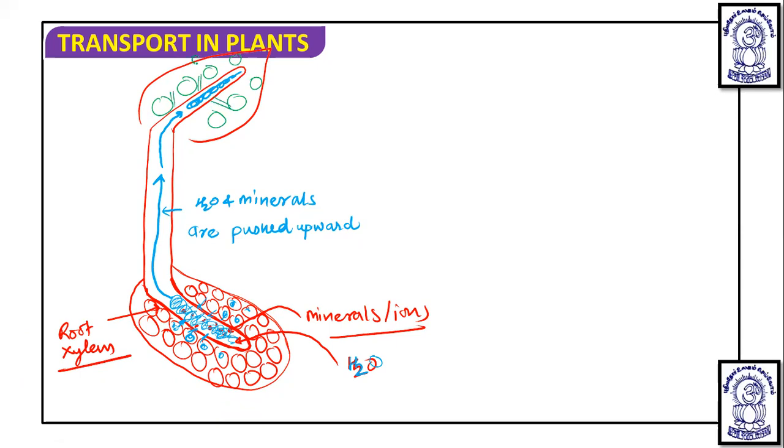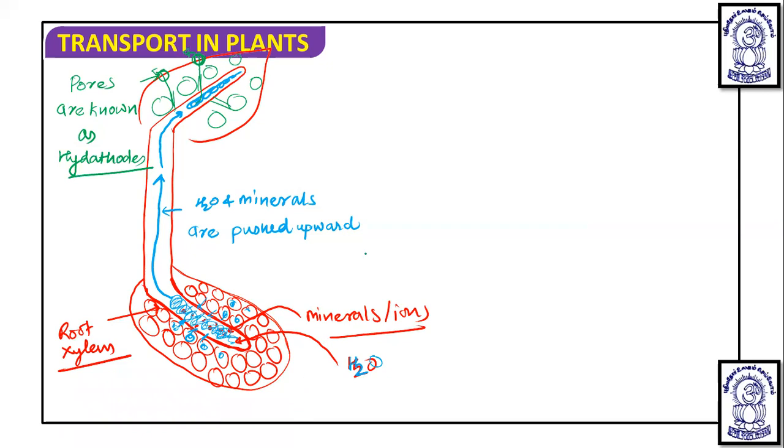Sometimes you will see that there are pores here through which water is removed in the form of liquid. Such pores are known as hydathodes. Through these hydathodes, water is released in the form of liquid droplets due to root pressure. This is how root pressure develops.